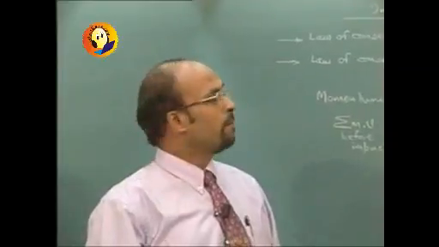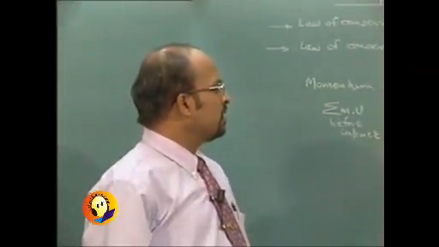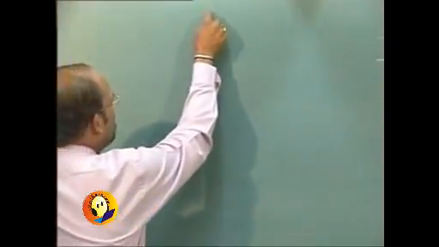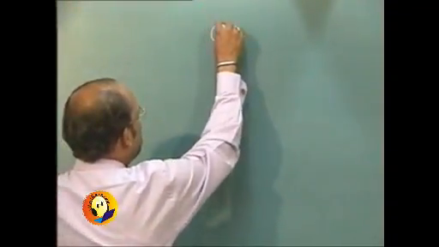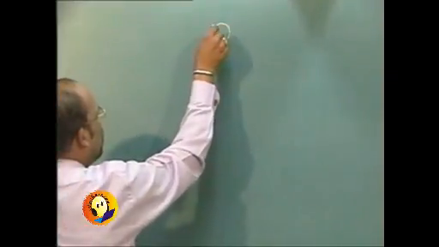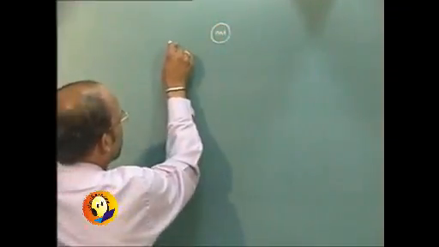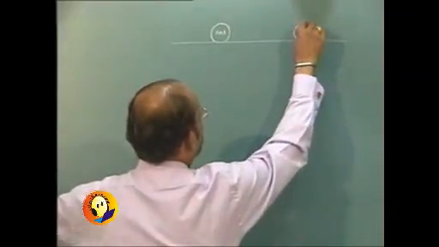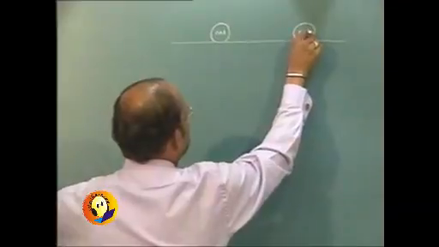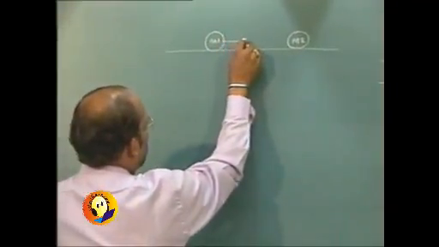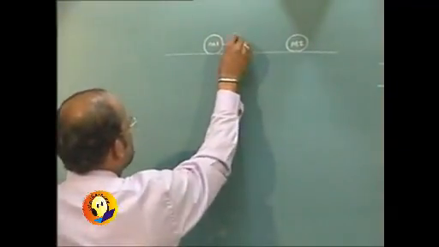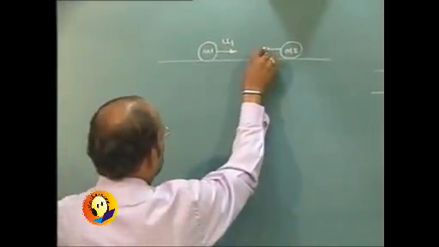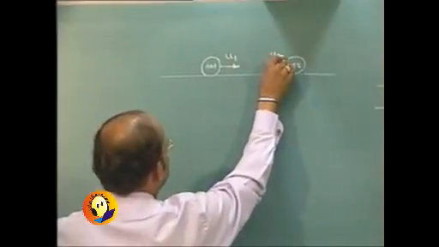Let us consider a general case, and we are required to study all the cases over here. Say there are two balls of mass m1 and mass m2. So there is difference in their masses. Mass m1, this ball is moving towards right with velocity u1, and mass m2 is moving towards left with velocity u2.